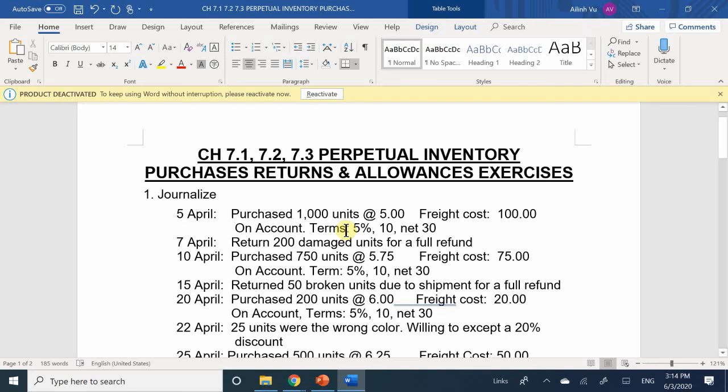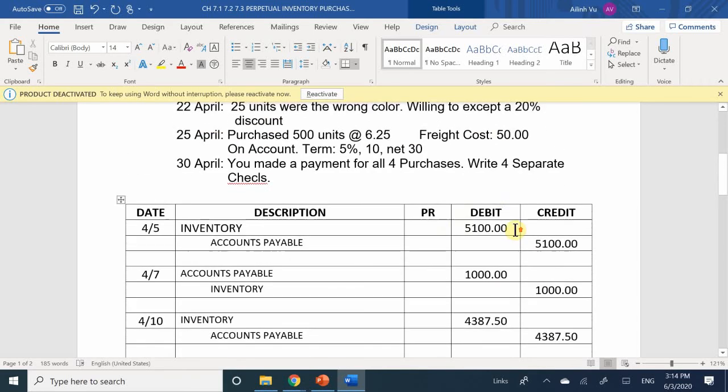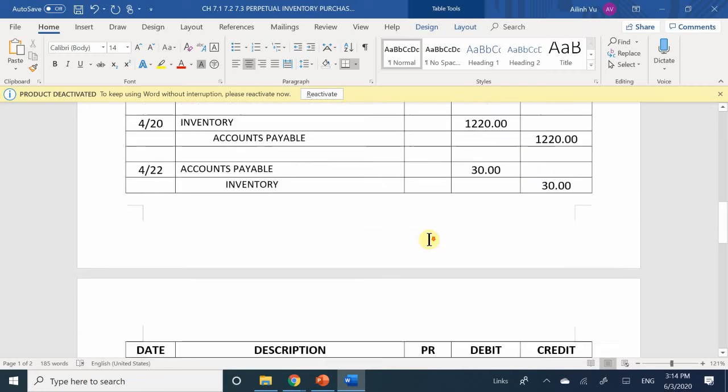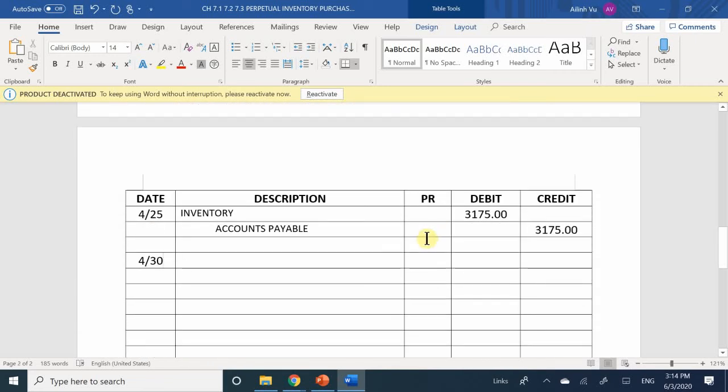But what is our bill right now? 5,100. We also made a return. So how much is it now? Minus 1,000. So it's going to be 4,100. And because we missed the discount period, we don't have it.